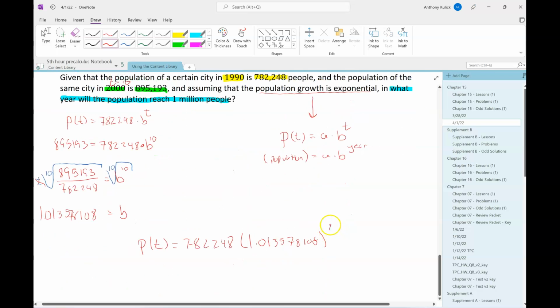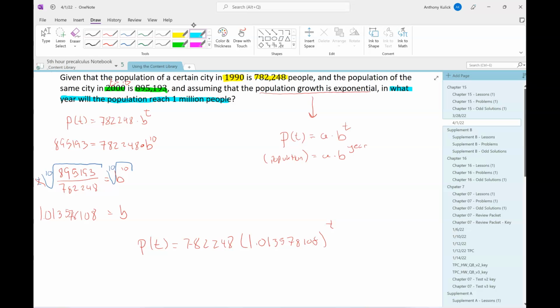What year will the population reach 1 million people? So what year is it asking us to solve for, T or P of T? What year? T, right?